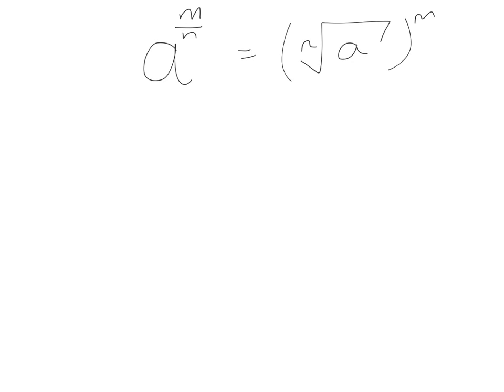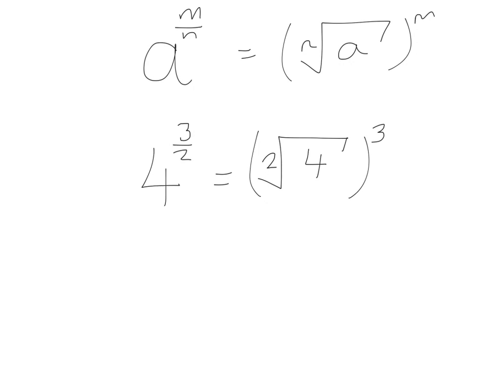So if we had 4 to the power 3/2, what we could do is just do the square root of 4 cubed. The square root of 4 is 2, so we're doing 2 cubed. 2 cubed is 2 times 2 times 2, which is 8.